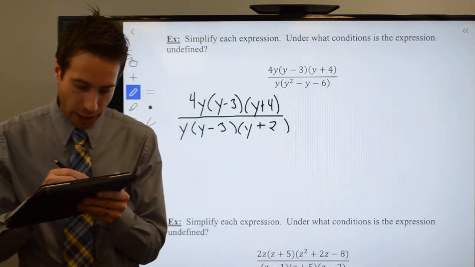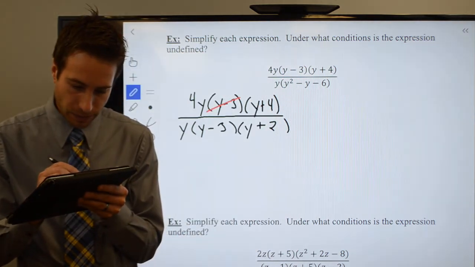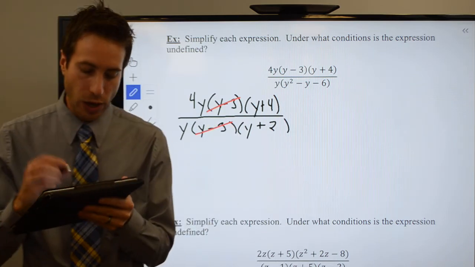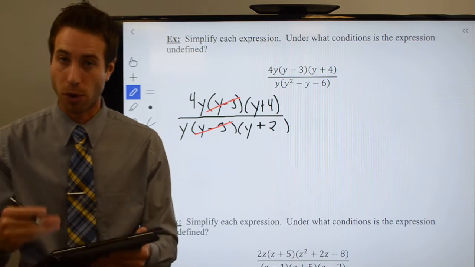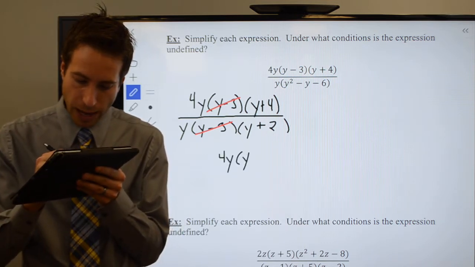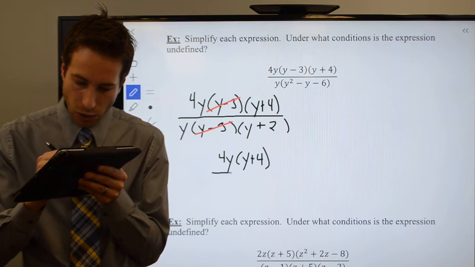Well, I take a look at it and I go, okay, here we go. The y minus 3 and the y minus 3 cancel each other out, and so what I wind up with in simplest form, or reduced, is going to be 4y times y plus 4 all over y times y plus 2.